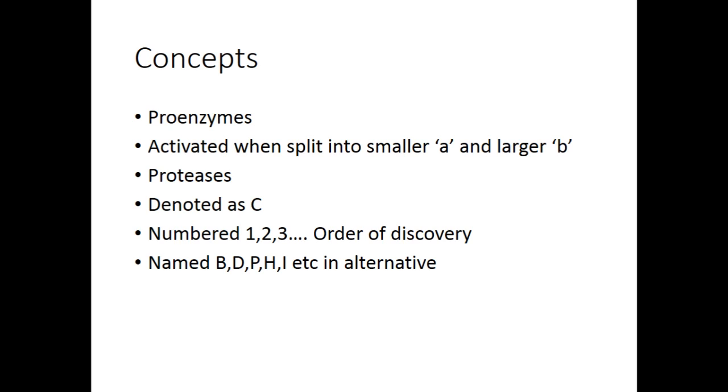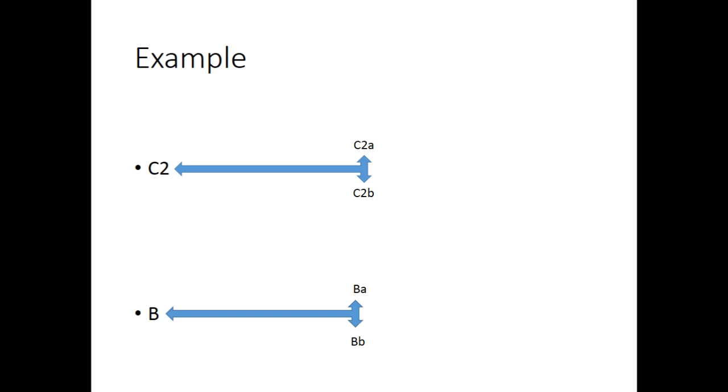P is properdin, a stabilizing factor. H and I are the inhibitory proteins, or brakes, that prevent overactivity of the alternative pathway.